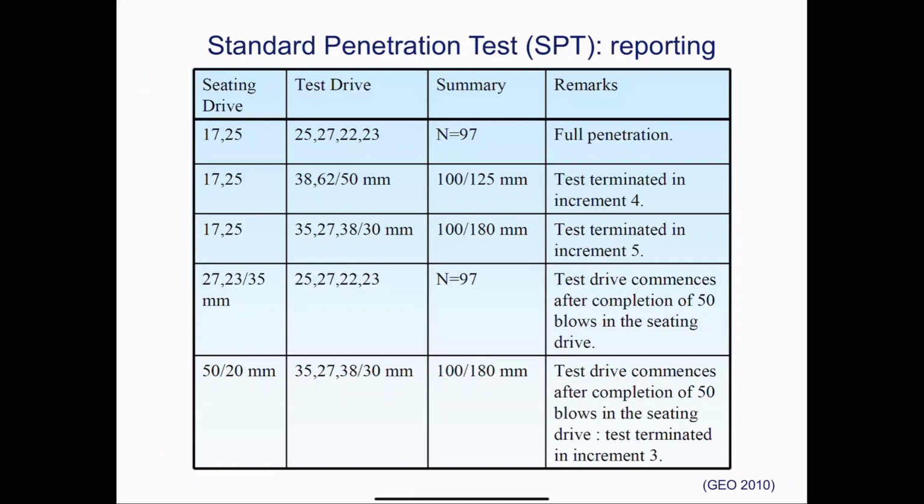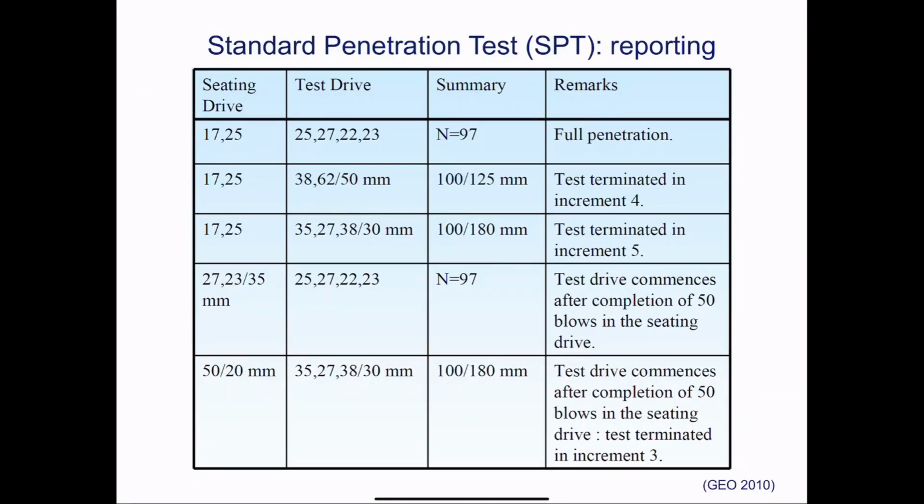But let's jump back to the SPT test. How do we interpret SPT lab report or field report data? Well, this table is quite important because it helps us to understand what's happening during the SPT test. So let's look at this one example at a time. Now, we have 2 drives.